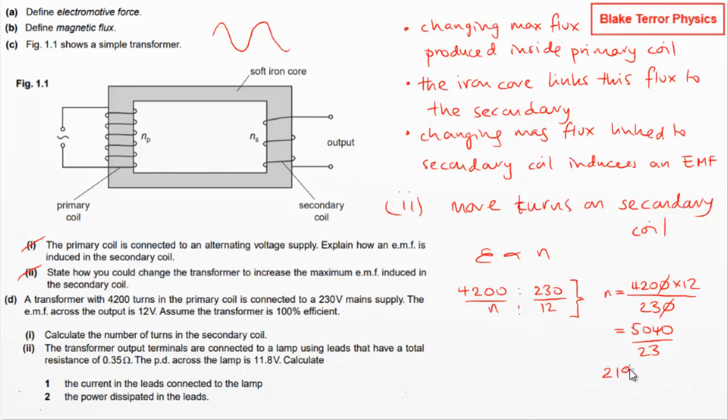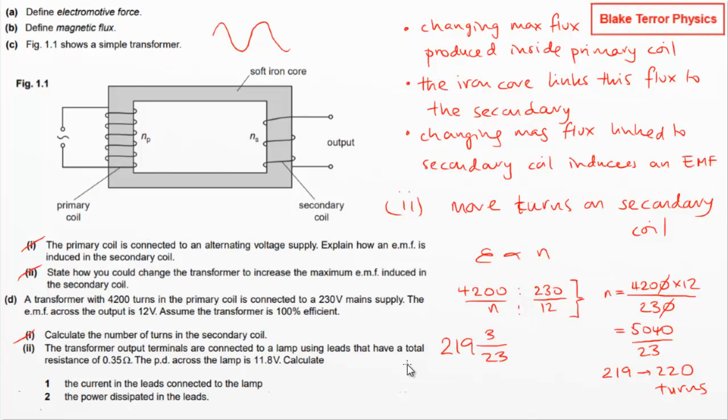So we need 219 to 220 turns in order to get that output voltage. You don't have to have complete turns, it's not a case of having to go all the way round every time, so that's fine. I suppose we could stick it into the calculator, and it's going to be 219 and 3/23 for the actual number of turns.